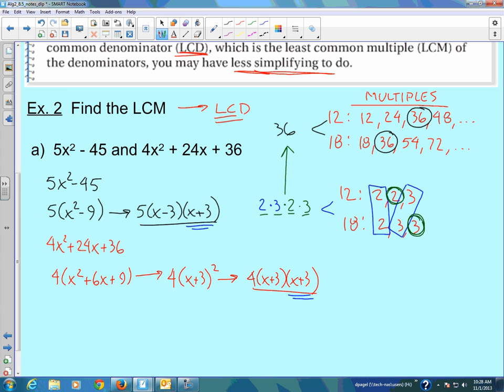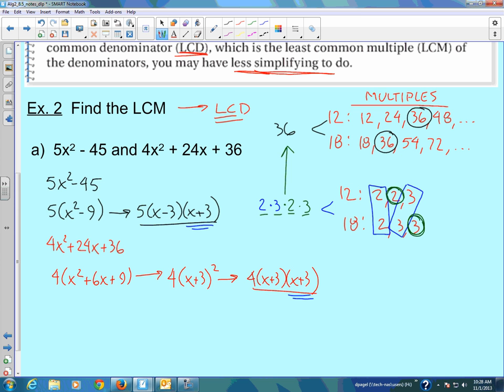So that's going to be a part of my LCD, x plus 3. And then apart from that, they don't have anything else in common. There's an x minus 3 in the top expression. There's an additional x plus 3 in the bottom expression. And the top one has a 5 and the other one has a 4.